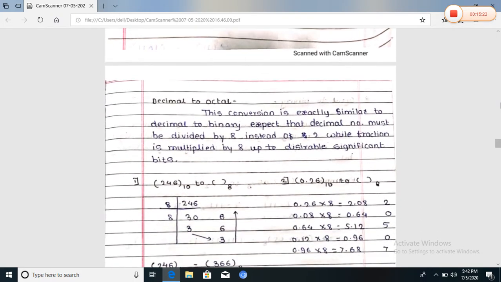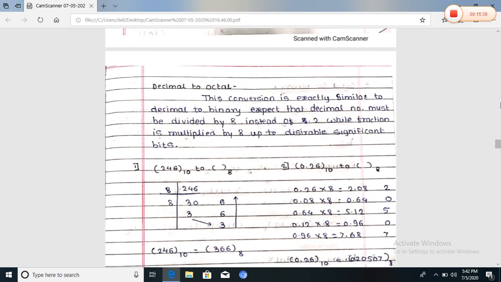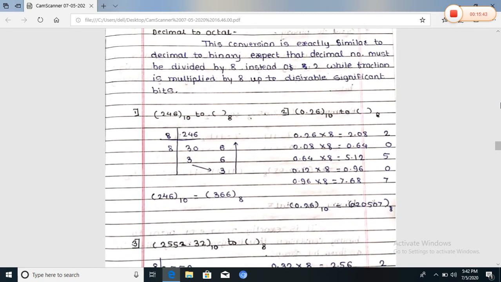In decimal to octal conversion, the procedure is the same, only the base changes. For decimal to binary, the base is 2, so divide by 2. In the octal number system, the base is 8, so the decimal number is divided by 8. Same procedure, only the base is 8.